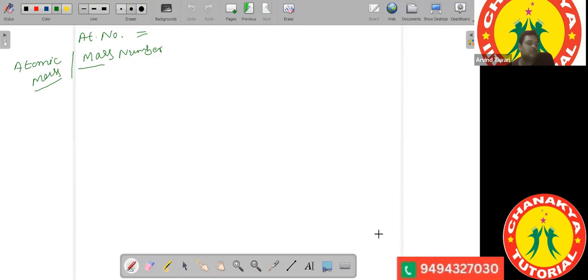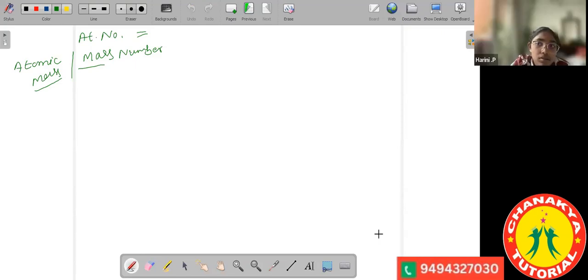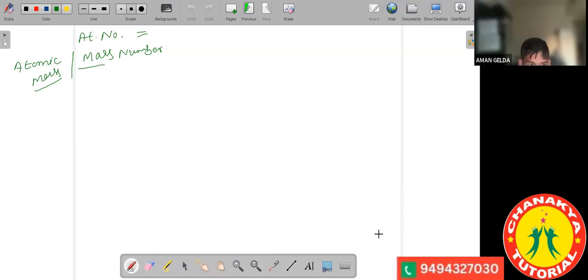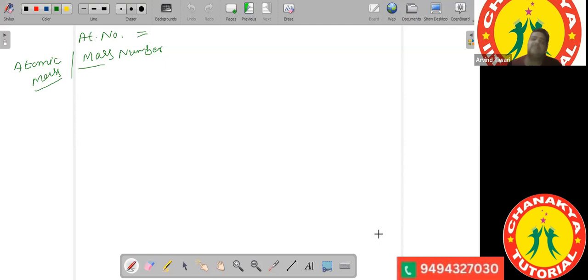And why does it depend only on the number of protons? Sir, is it because it doesn't have positive or negative charge? Yeah, it does not have any charge. Since a neutron does not have any charge, therefore it cannot help in any way in a reaction.